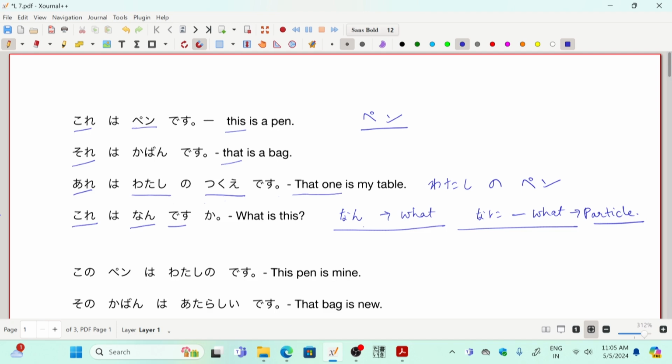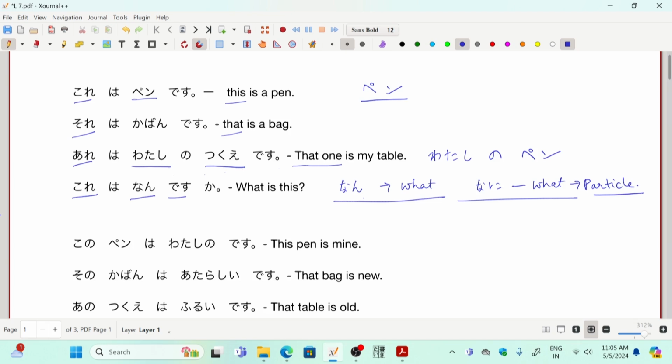Next is, if we have identified the object already, okay, so we have identified that this is a pen. Now we'll talk about the pen. Okay, this pen is expensive, or this pen is red, or this pen is old. So now we are explaining more about the pen.